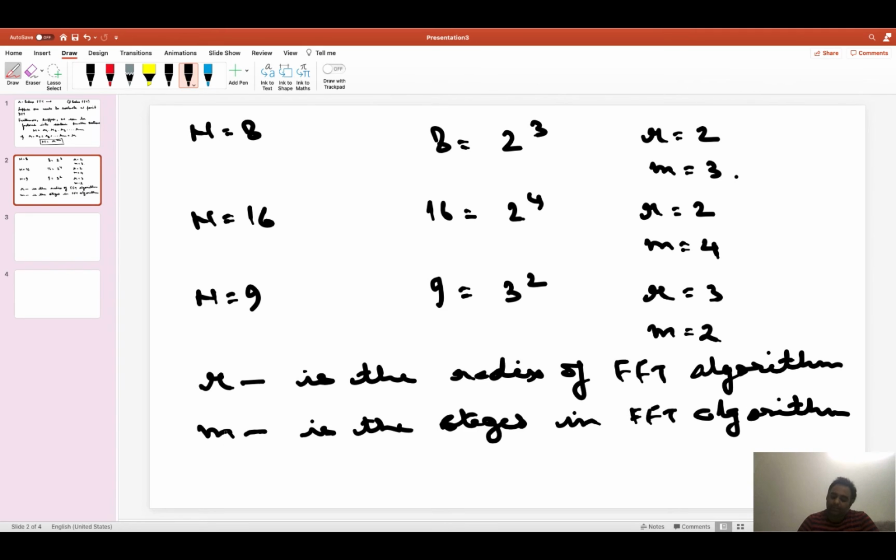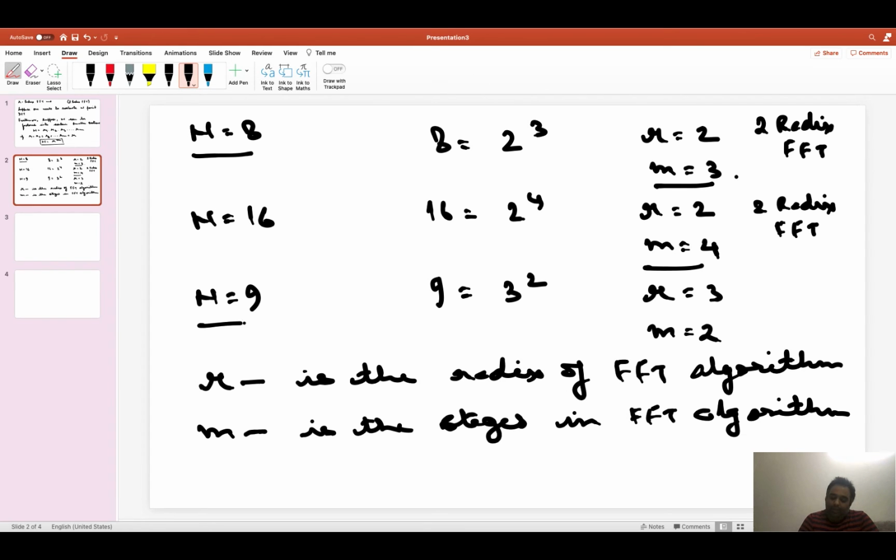But before that, suppose this DFT that I'm evaluating for N equal to 8, I can call this a 2-Radix FFT with 3 stages. N equal to 16, when I'm writing it as 2 to the power 4, I can call this a 2-Radix FFT with 4 stages.